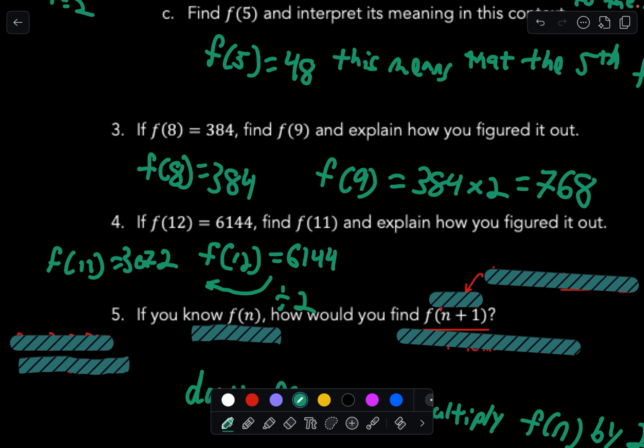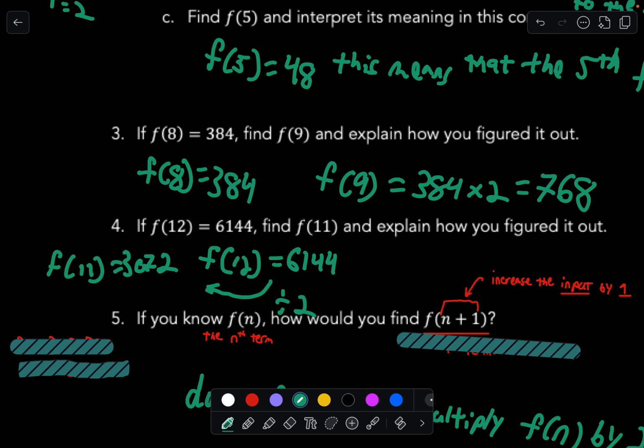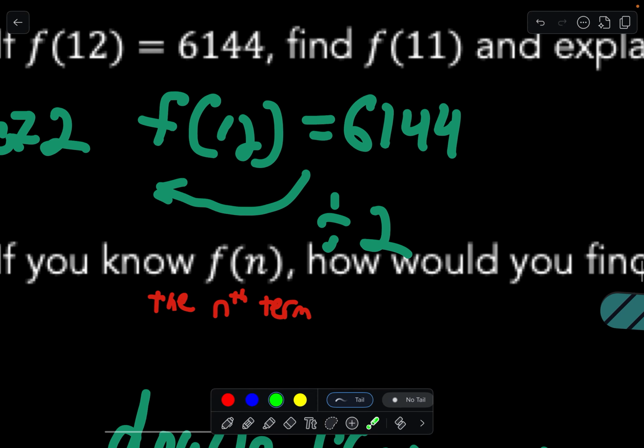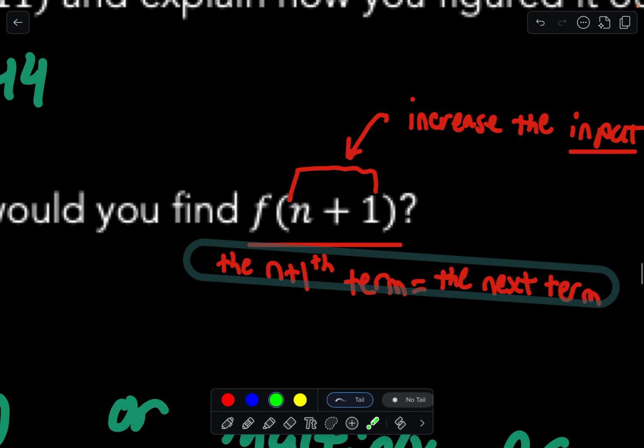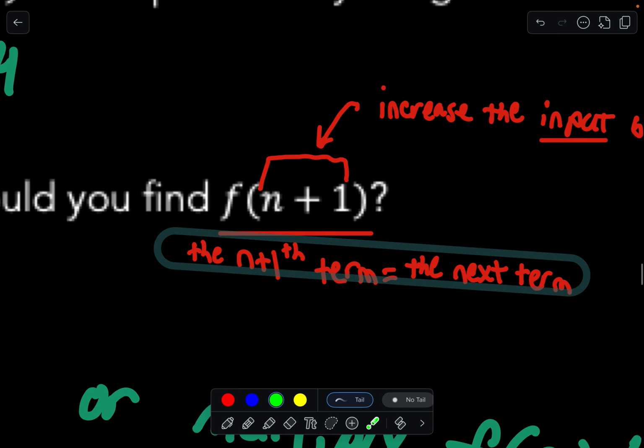Also, this notation means that f of n, this right here, is the nth term. Likewise, the f of n plus 1 is the n plus 1th.